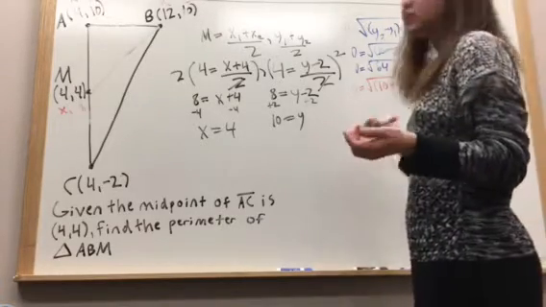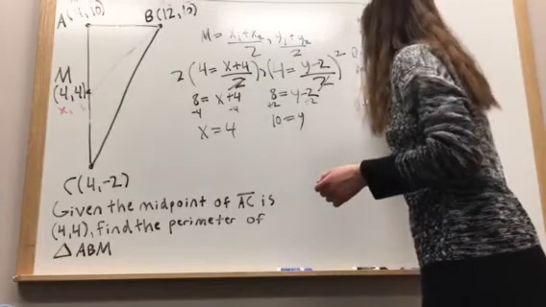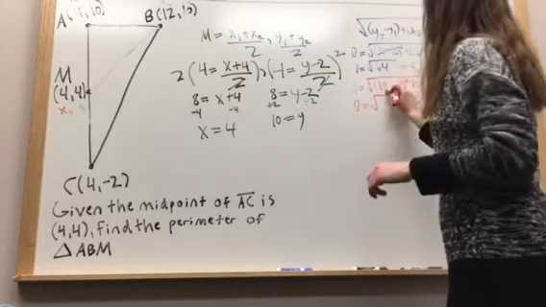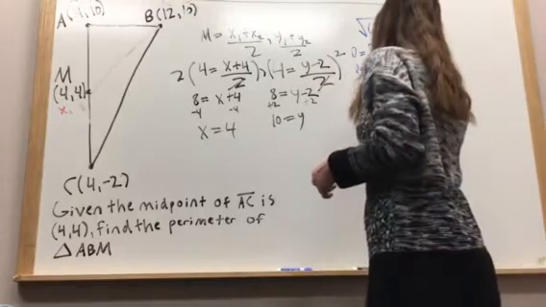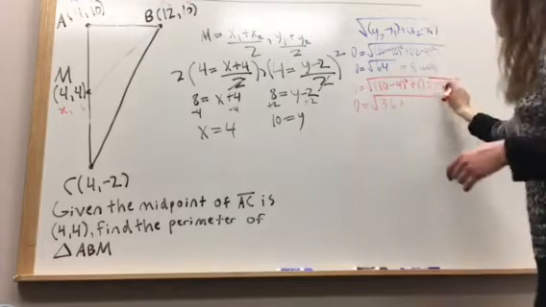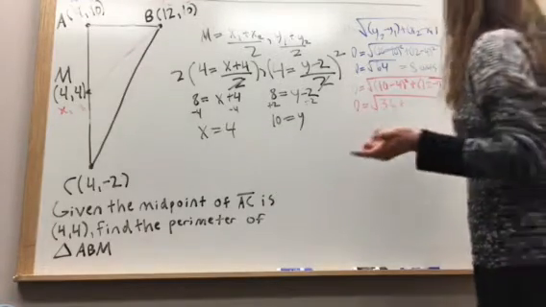I'm going to simplify this expression now. Distance equals the big square root. 10 minus 4 is 6. 6 squared is 36. 12 minus 4 is 8. 8 squared is 64.